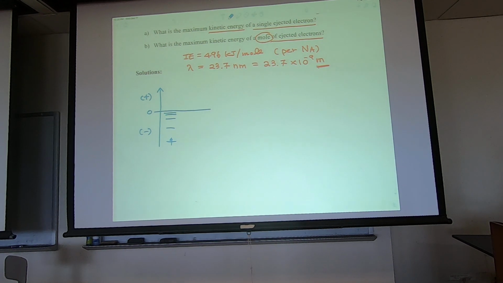And what you do is you have a photon here, which has an energy of h nu, and it is going to hit this electron, and this electron will try to escape from the prison and go all the way up.